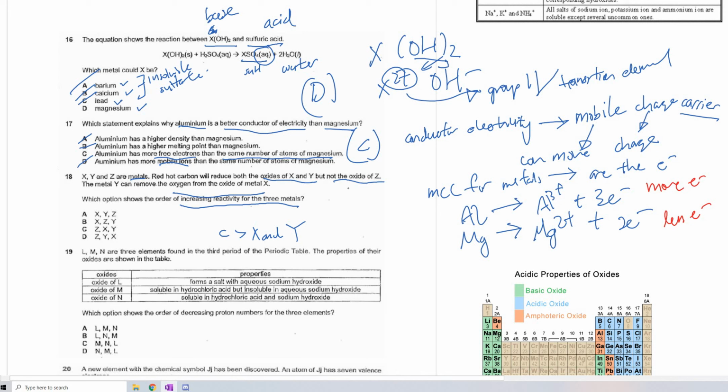But not the oxide of Z. That means Z would want to react with oxygen more strongly than carbon, so Z is actually more reactive than carbon.